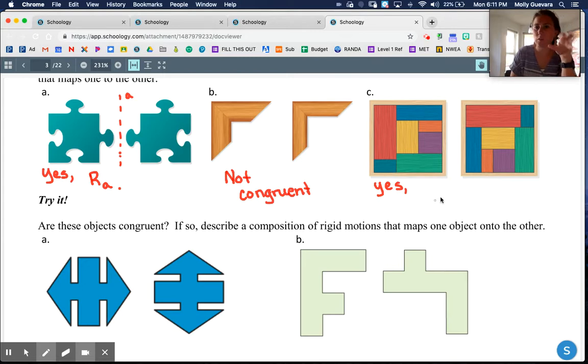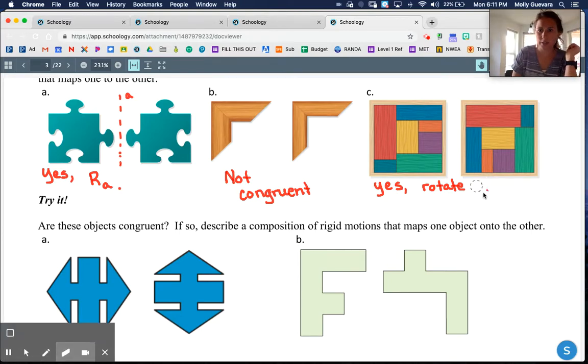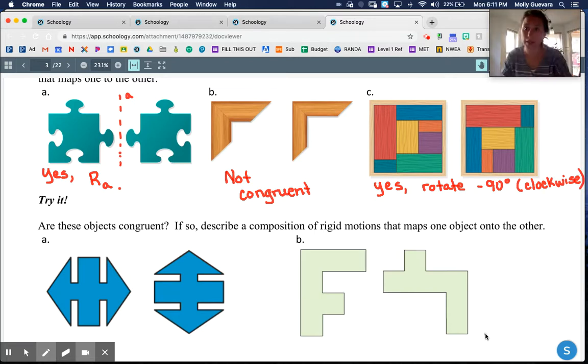And so what we can do is we can rotate 90 degrees. And excuse me, I just wrote that wrong, right? We can rotate negative 90 degrees because I want it to go clockwise, right? And so remember that it's negative if it goes clockwise. So I'm going to rotate it negative 90 degrees. That would put the red rectangle here, just to show you.